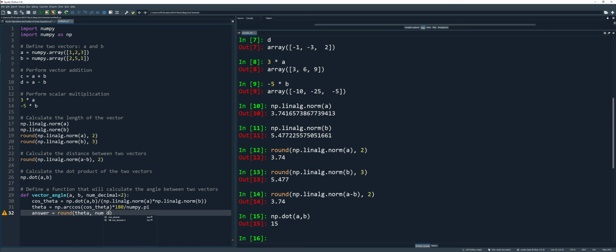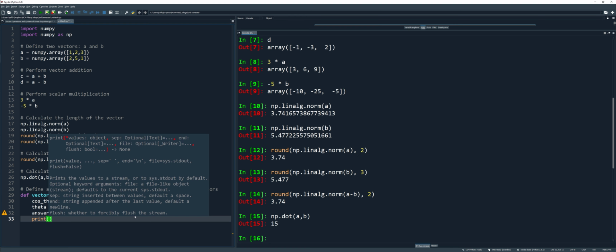As to the num of decimal, it will be indicated by the value typed by the user here. So that's num decimal. By default, this is 2. And finally, our function will print the answer in degrees.